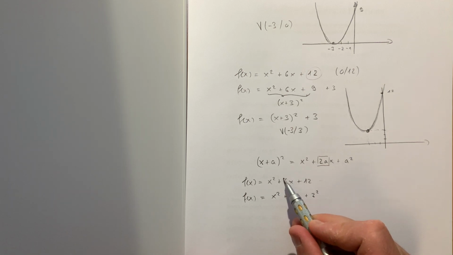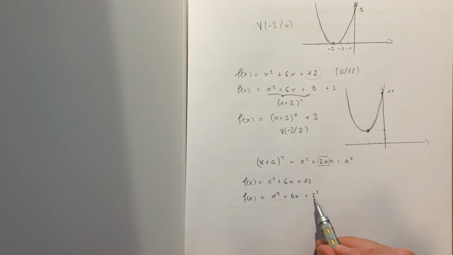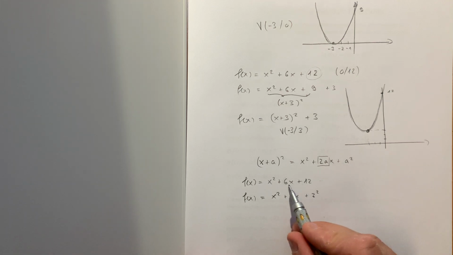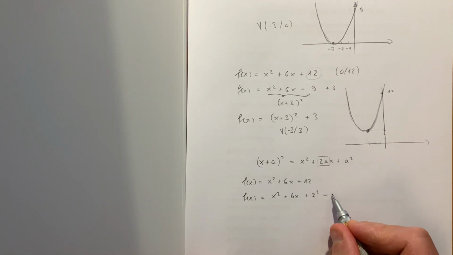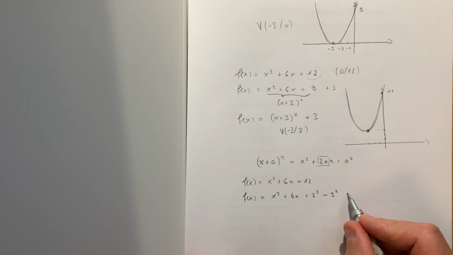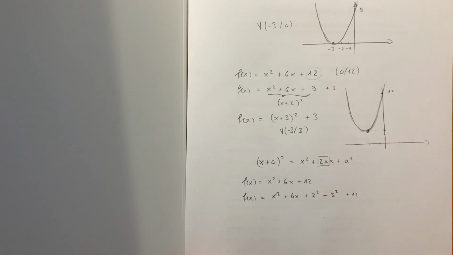Look, we're going to halve this number, divided by 2, which is going to be 3, and then we're going to square it. But we're not allowed to change this function, so we are going to undo this, okay? So we add 3 squared and we subtract it right away, and the 12 in the back remains, okay?